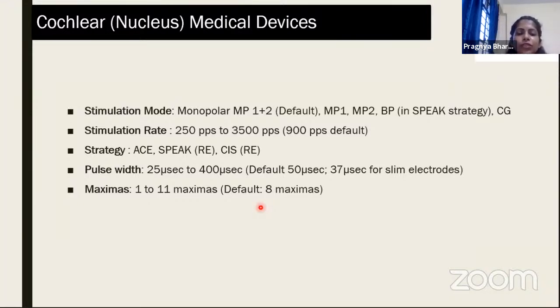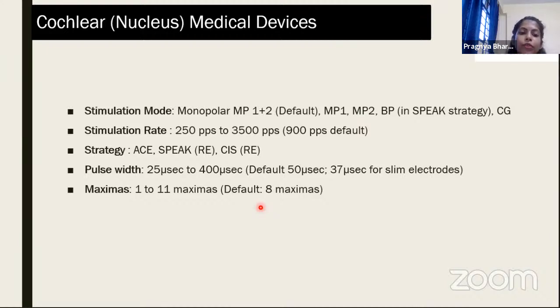So again, a few of the default coding parameters that Cochlear generally uses. Most commonly they use the monopolar mode of stimulation, monopolar 1+2 as default, but they also have the facility to use monopolar 1, monopolar 2, or bipolar mode of stimulation. Common ground is usually used as a diagnostic mode.